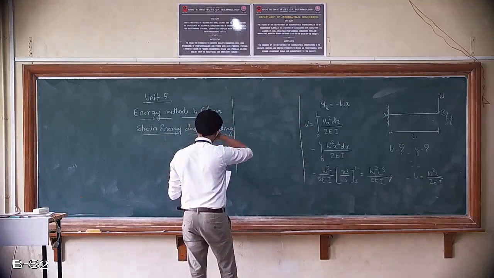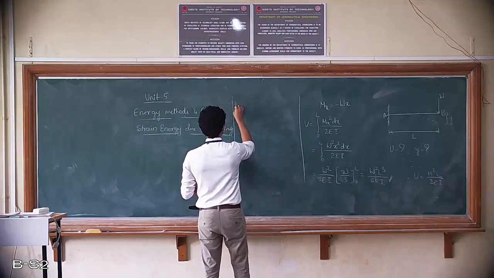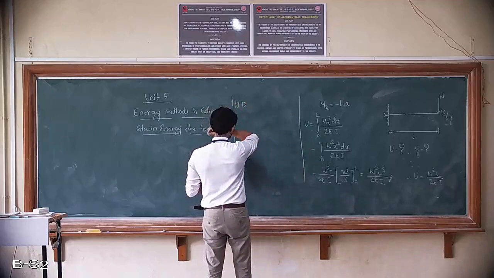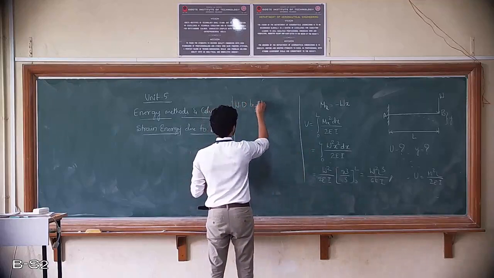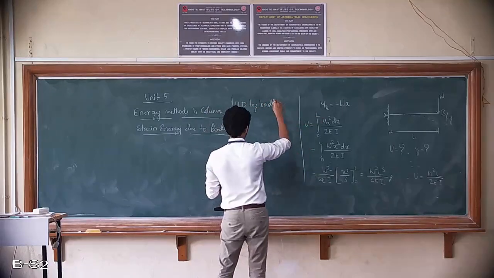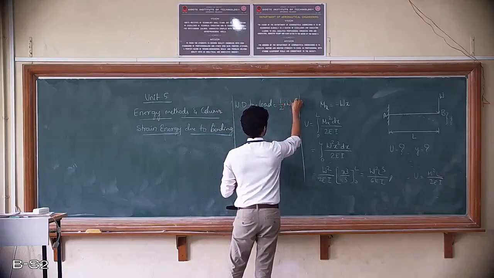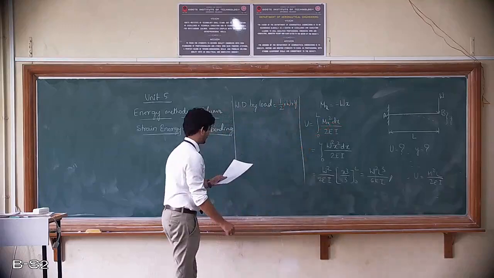Next, we need to deduce the deflection. So, work done by load. We are deducing only by the load what we have, the work done. So, it will be half times the load times the deflection, Y_B.